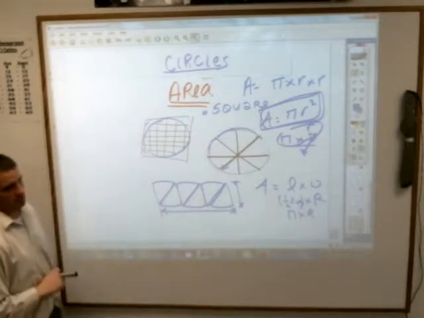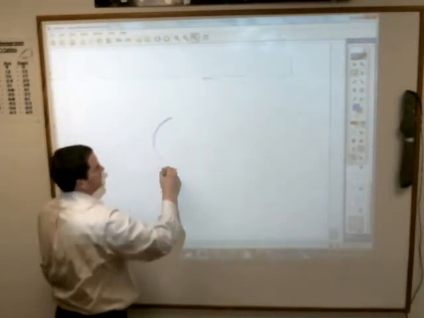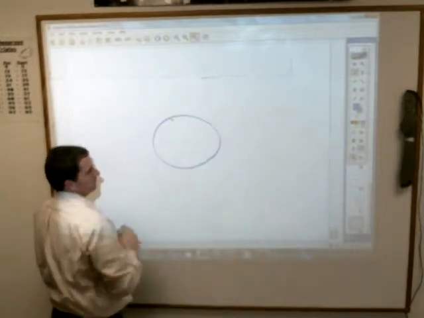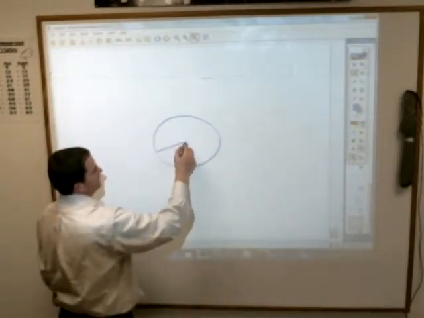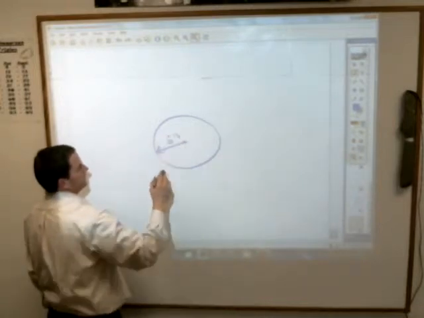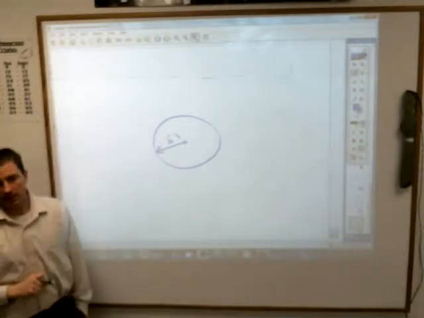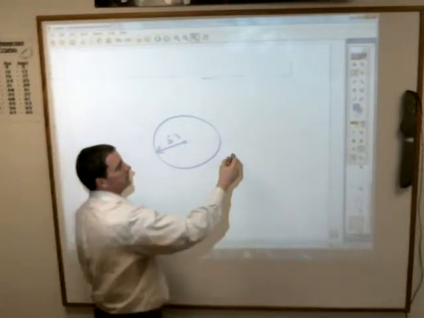Boils down to that. So, here's a question for you. Let's say I've got a circle, and let's say its radius is 5 inches. How many square inches do you suppose you can get in that circle? Well, that's its area.